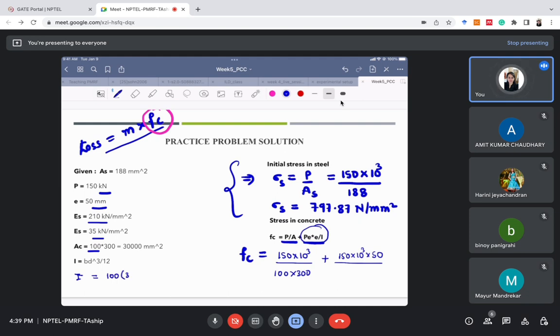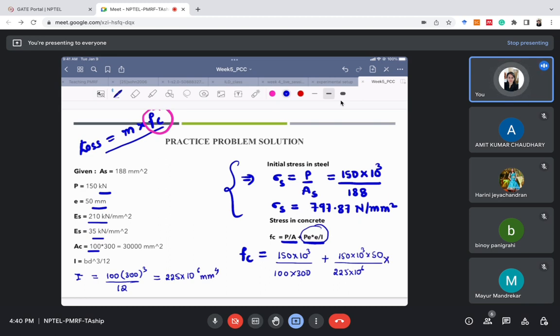Depth is 300. Cube divided by 12. Right. So it comes out to be 225 into 10 to the power 6 mm^4. So this is the value of I. So I'll write it here, 225 into 10 to the power 6, multiplied by Y.